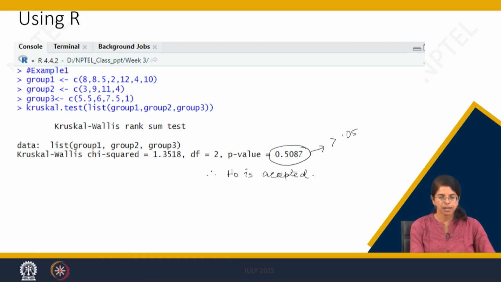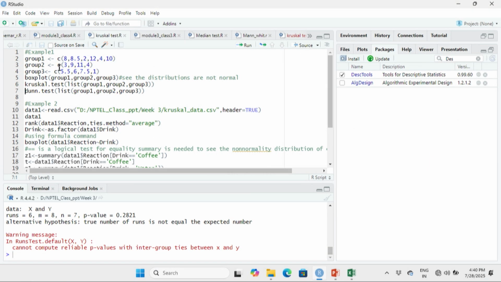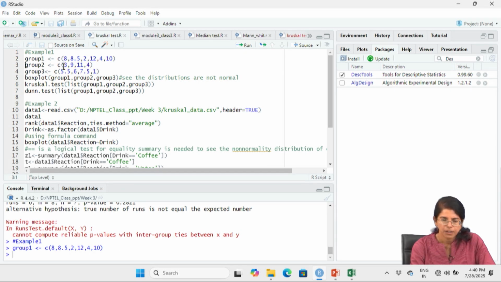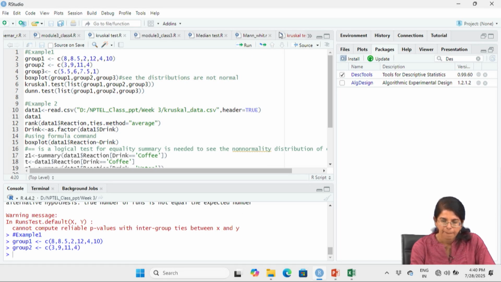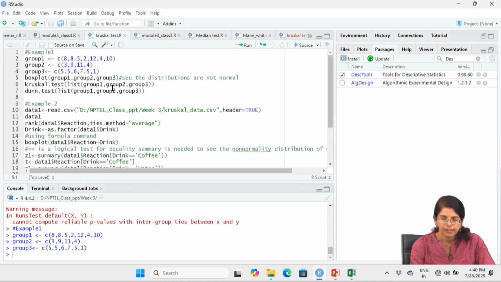You can use R as well. Let me open the R window, because R will make your computational labor lesser. There are 3 groups, as we have seen, 3 groups as per the ages. So, first write out group 1, group 2, I am just running them out, group 3.